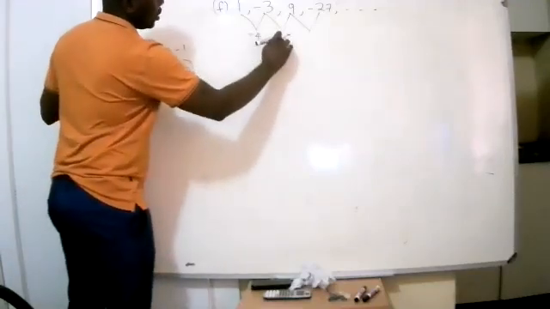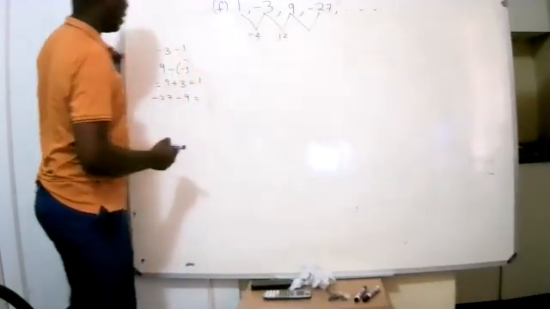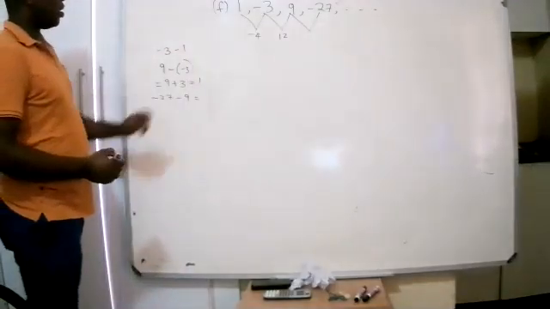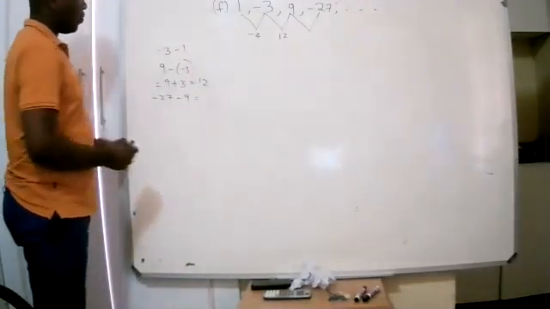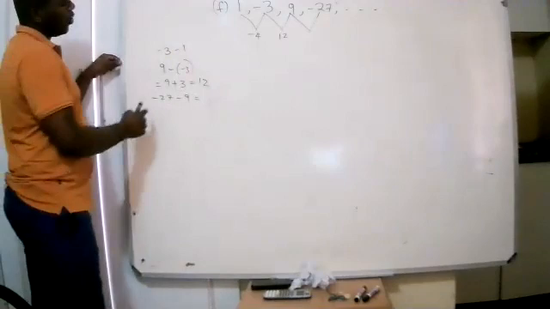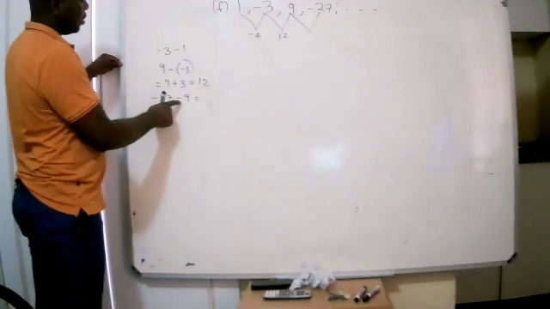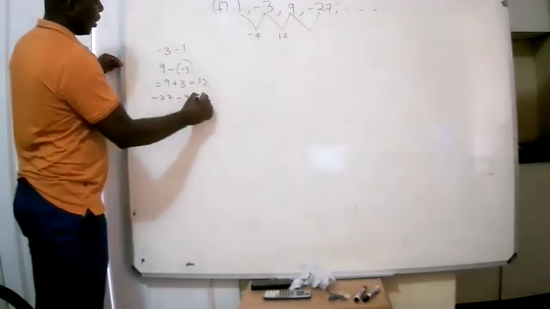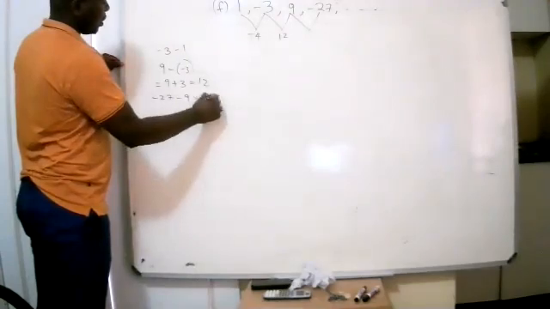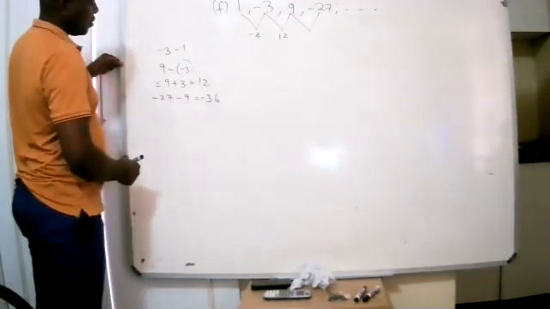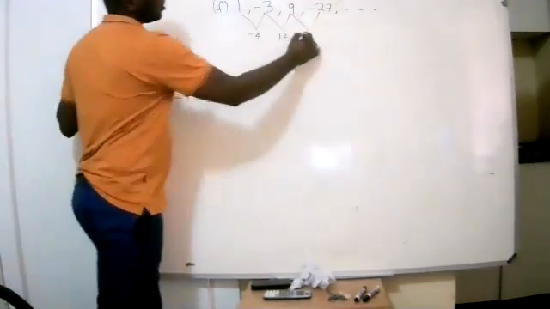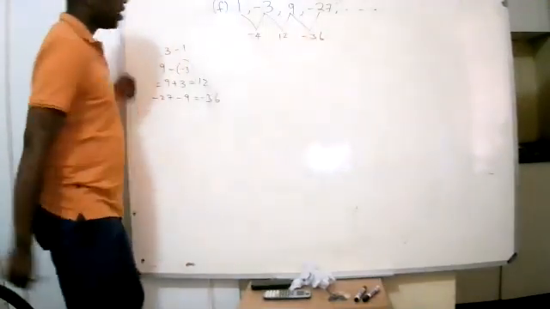Yes, 9 plus 3 is 12, not 11. Thank you for that. All right. And then on the next one, we subtract -27 minus 9, which is -36. Is that correct? Yes, -36. Do you see that these differences are not the same?